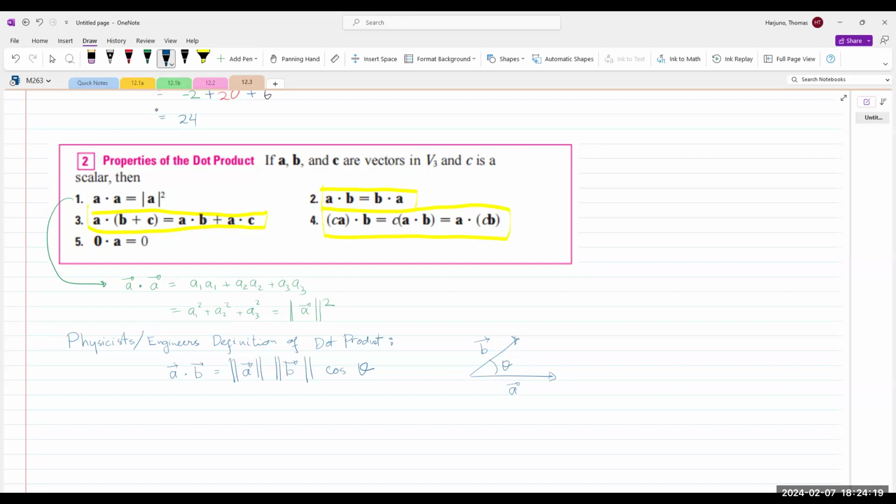You can see the proof of this definition. They call this definition the physics definition, but it is actually derived from our definition.